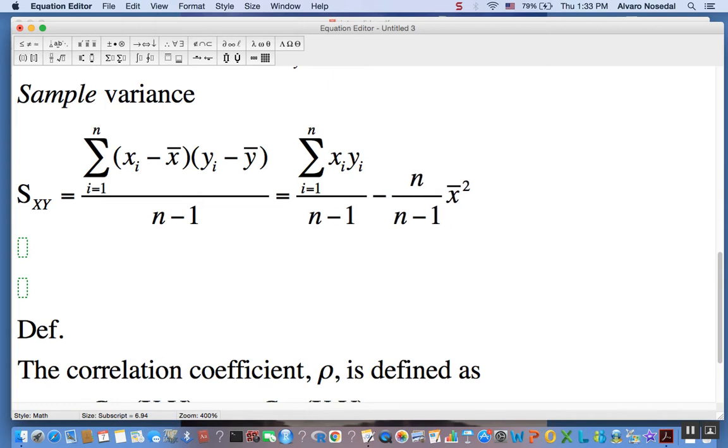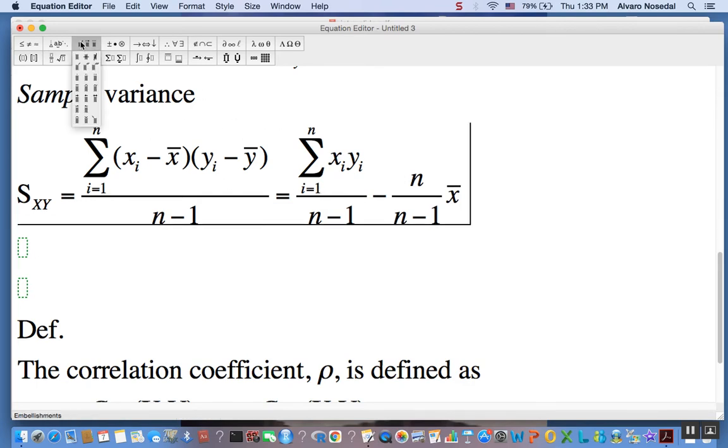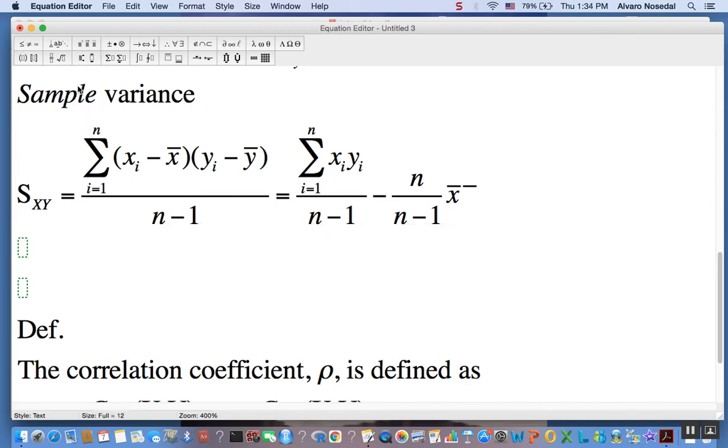There, instead of having x bar squared, what we're going to have is x bar times y bar, right? Instead of the square we had before, we will have this, x bar, y bar.